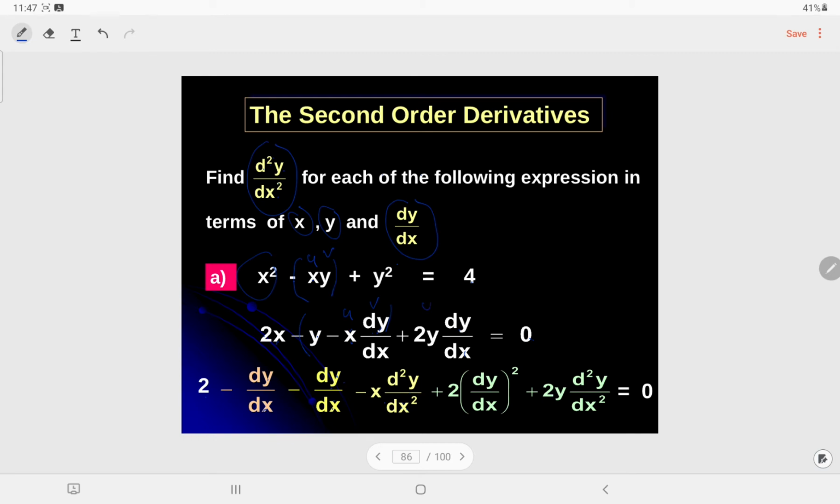Then uv prime plus vu prime, because this v is dy over dx, and then u prime 2y, so 2y is equal to 2 dy over dx. Since it is double here, so 2 dy over dx square.